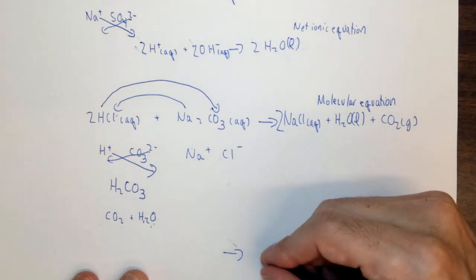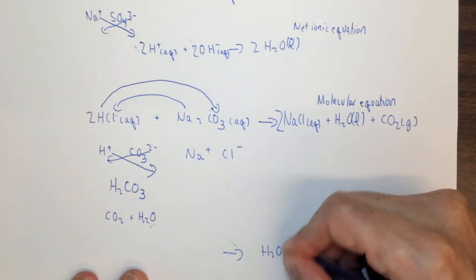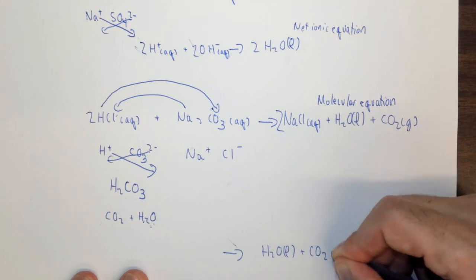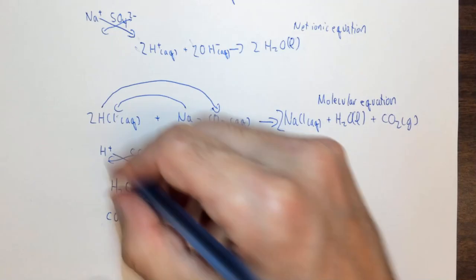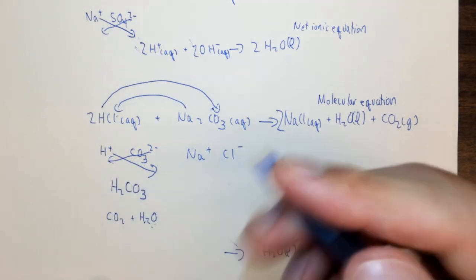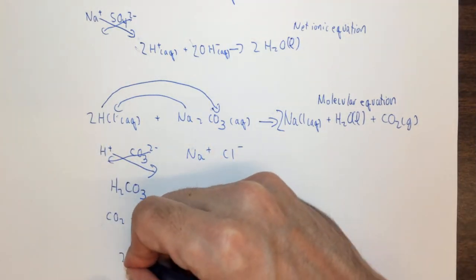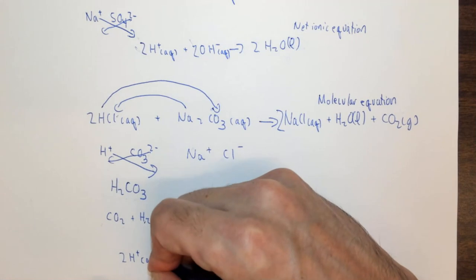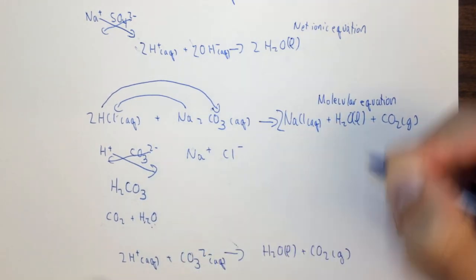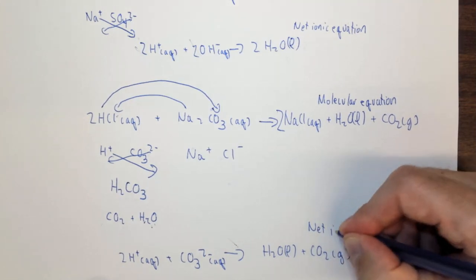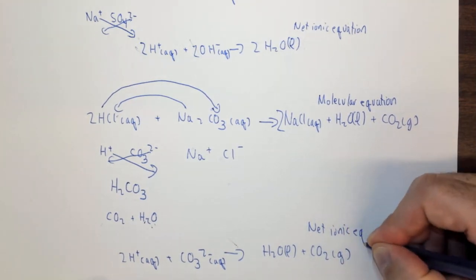Well, what is not aqueous? We have H2O liquid plus CO2 gas. And what do we need to form this? Well, we need H plus and CO3 2 minus. So we need the two H pluses, aqueous, plus CO3 2 minus, aqueous. And again, this is the net ionic equation.